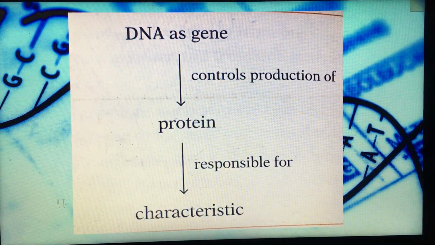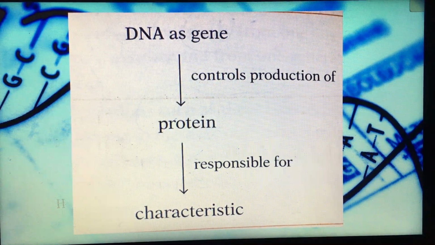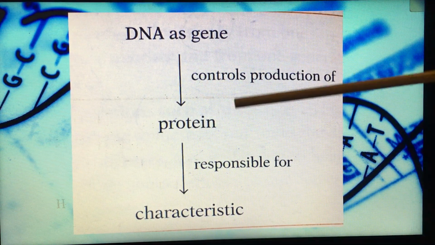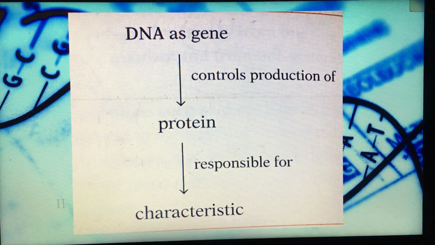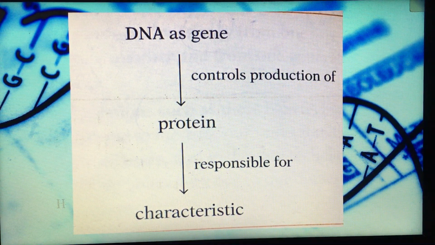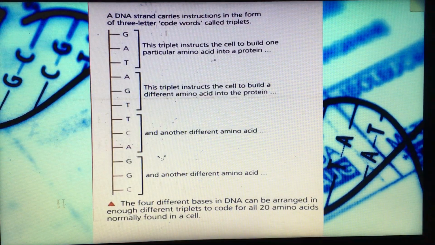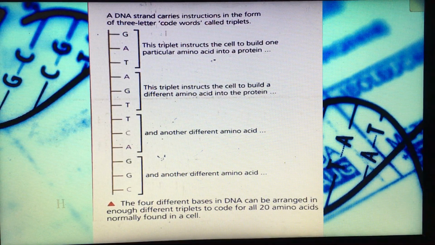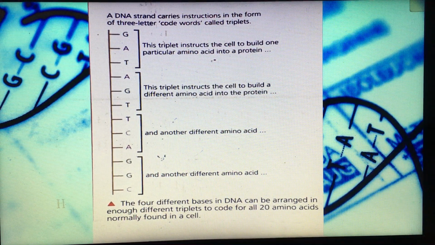If you remember before, we said that DNA as gene controls the production of protein, which is responsible for characteristic. So, focus on this DNA. You will find that a gene carries a series of coded instructions, which are code words to produce the proteins.